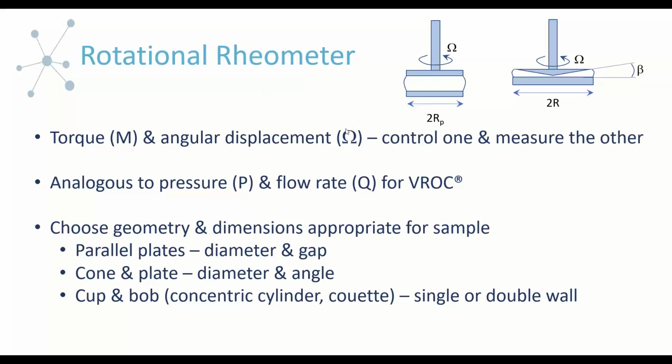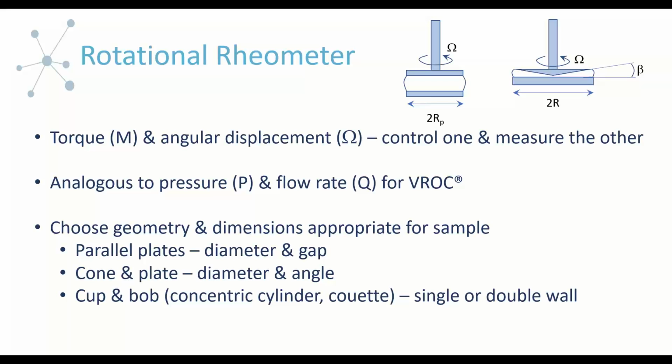There are multiple types of rotational instruments, but in general, you're going to control one and measure the other. You can have controlled strain or controlled stress rheometers: in controlled strain, angular displacement is controlled and torque is measured; in controlled stress, torque is controlled and angular displacement is monitored.